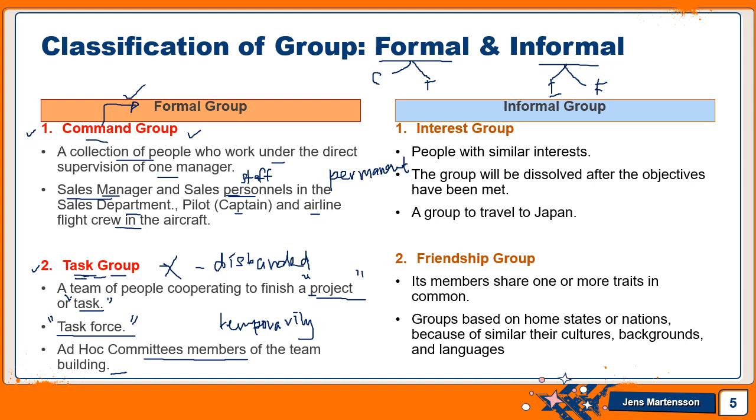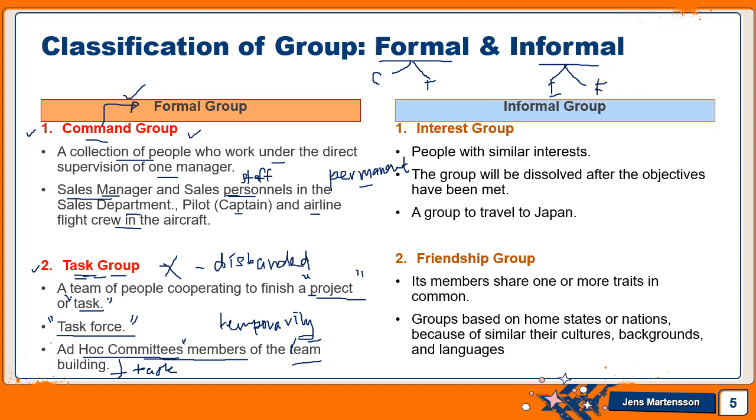So they are created on permanent basis, that is command group. But task group, it is on temporary basis. Okay, so ad hoc committee members of the team building. So team building is actually the task to be completed. So once the team building is over, then there are no more committee members.